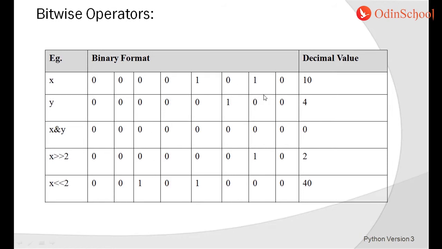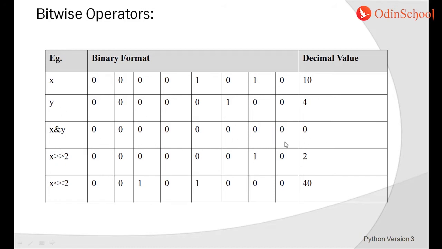Here you can see I have taken a bitwise operator example for this right shift, left shift. Here you can see the X value is this, Y value is this. If we take X and Y, if both are one, meaning both conditions are true, then it shows true, otherwise 0 for the AND logic.